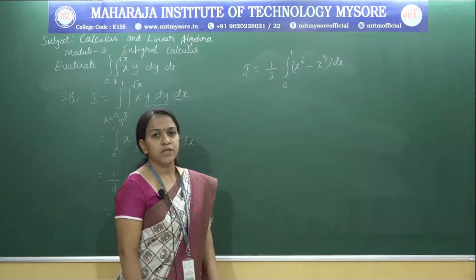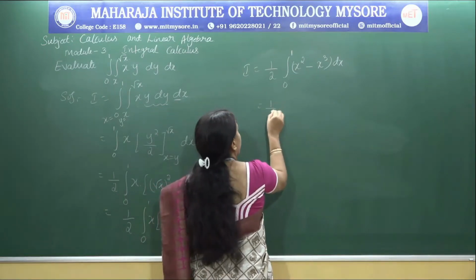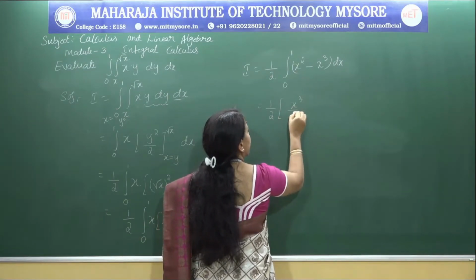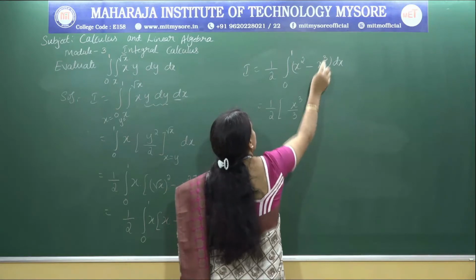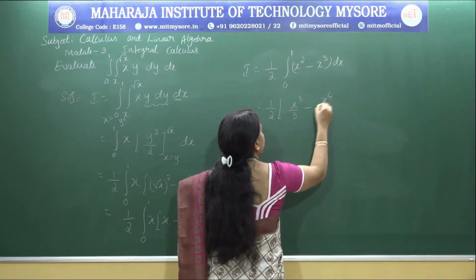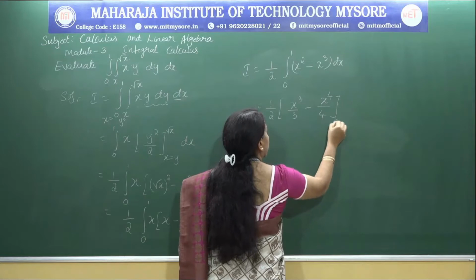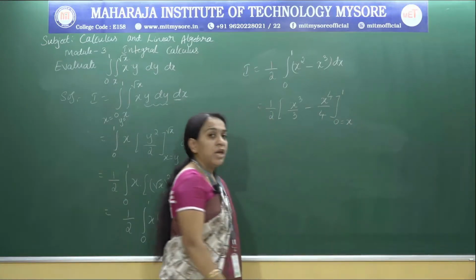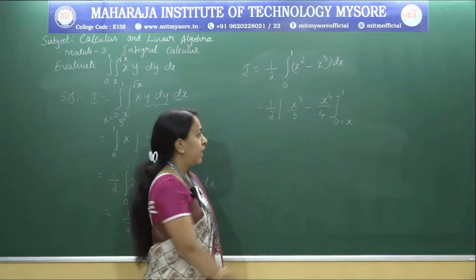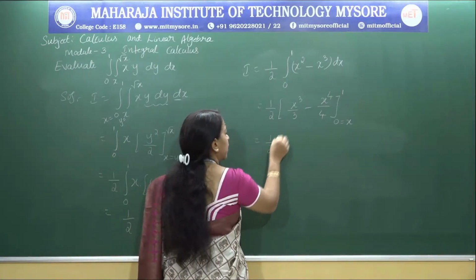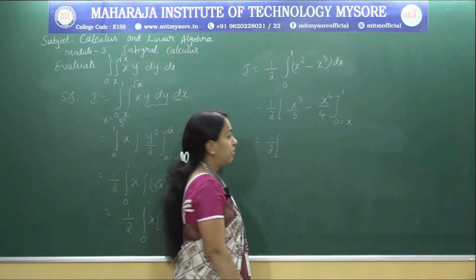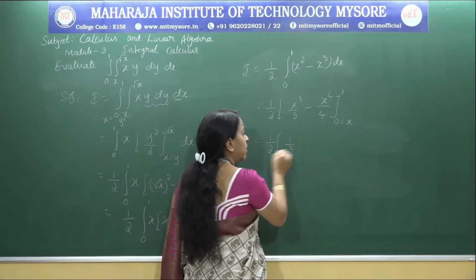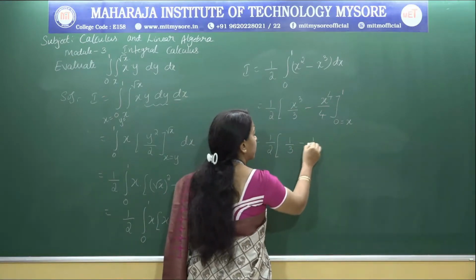Now I can integrate with respect to x, that is 1 by 2 times the integral of x square is x cube by 3 minus the integral of x cube is x power 4 by 4 between the limits 0 to 1. That is our x limit. x varies from 0 to 1, and we have 1 by 2 times, we know how to apply the limit. Upper limit is 1, in place of x I replace by 1. 1 by 3 minus 1 by 4.